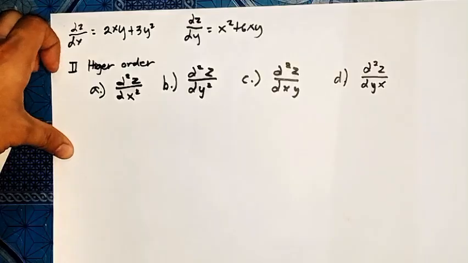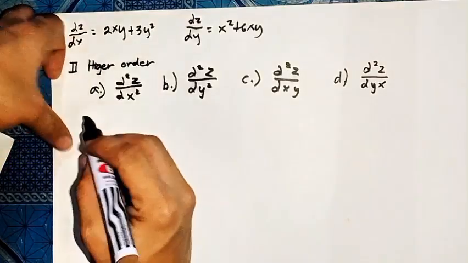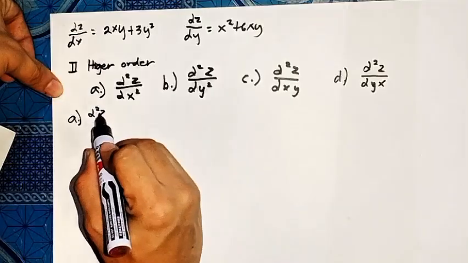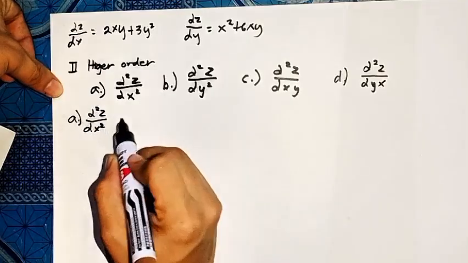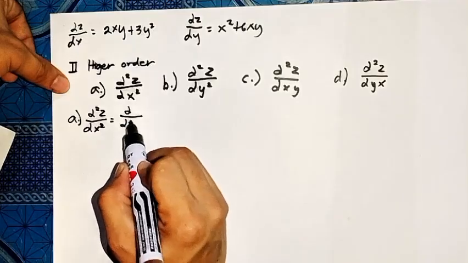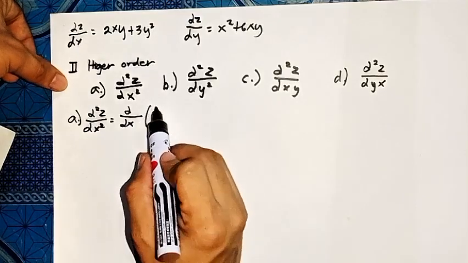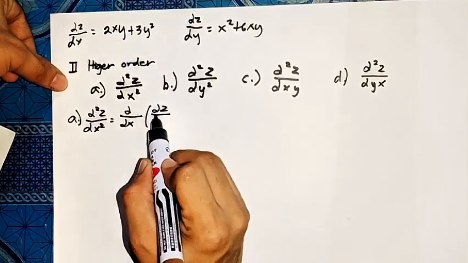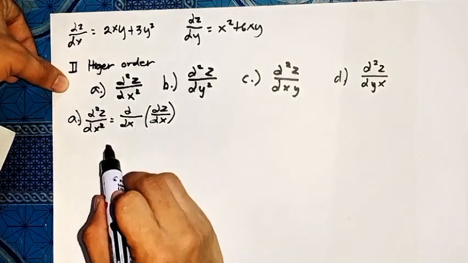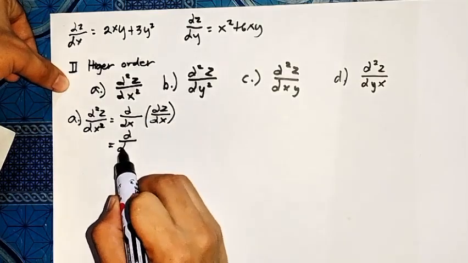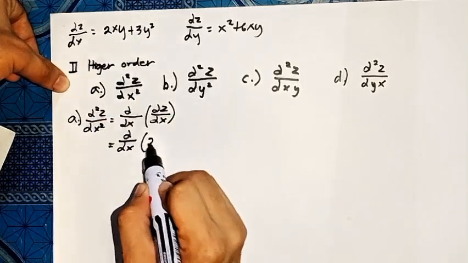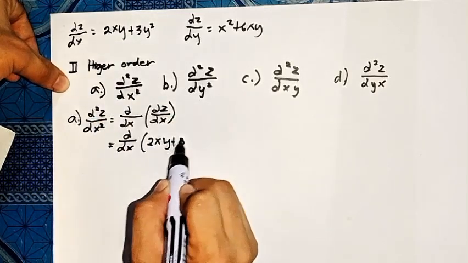So let's start with A. We have partial squared z with respect to x squared, meaning partial of partial z with respect to x, and again we will derive twice. Since we already have partial z over partial x, let's copy that one. So 2xy plus 3y squared.